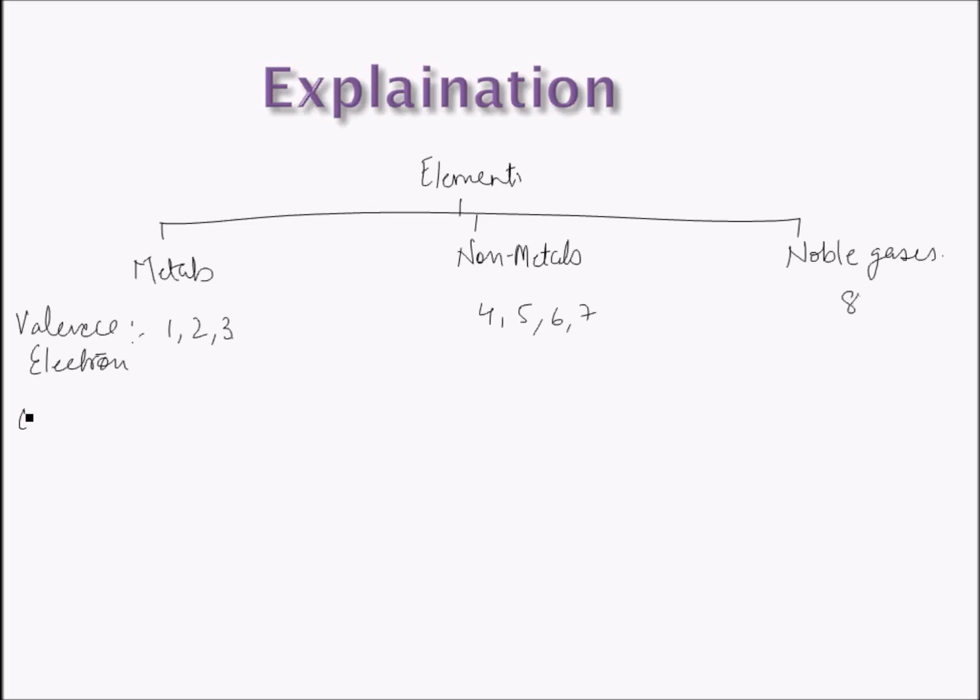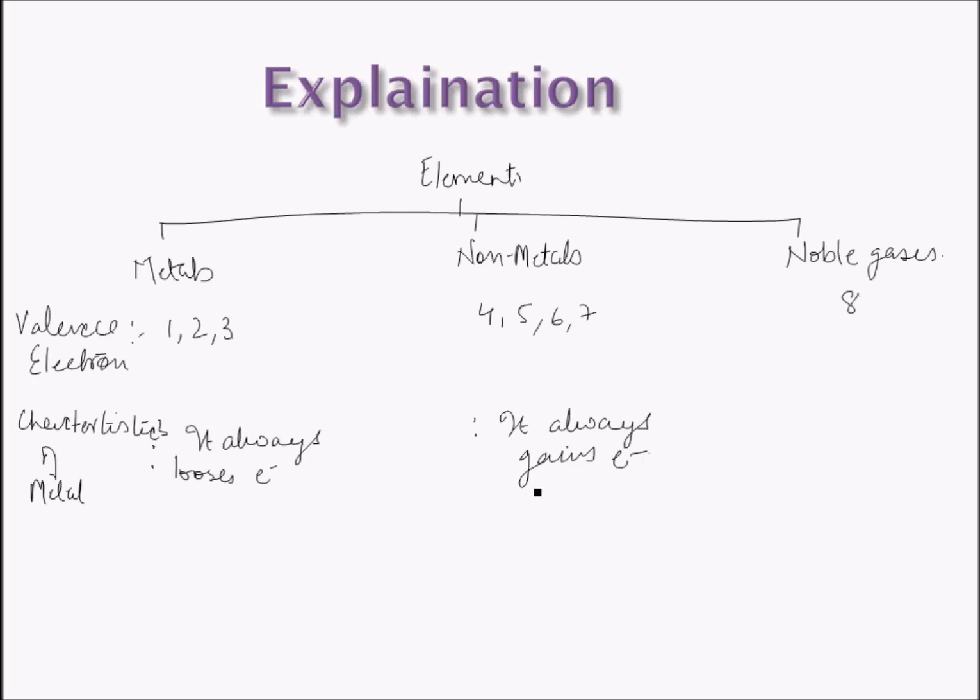What is the characteristic of metal? It always loses electrons from the outermost shell to make the element more stable. What about the non-metal? It always gains electrons from the outermost shell of the other element.